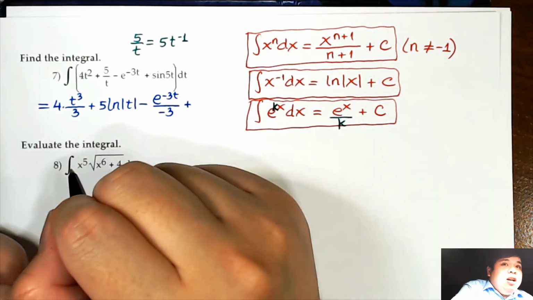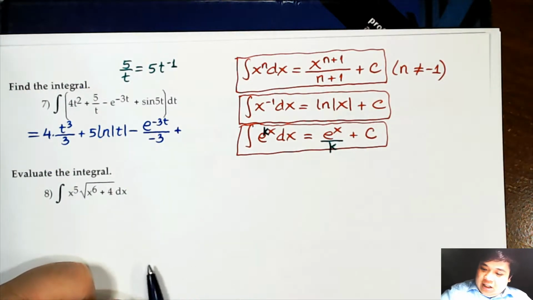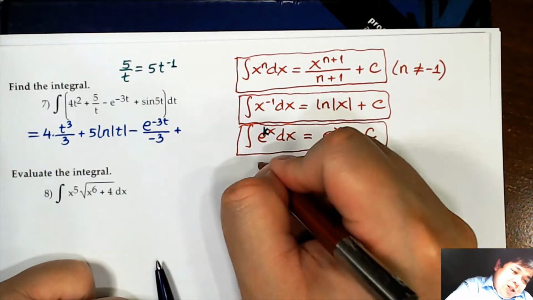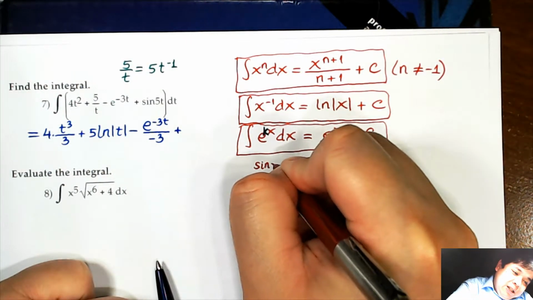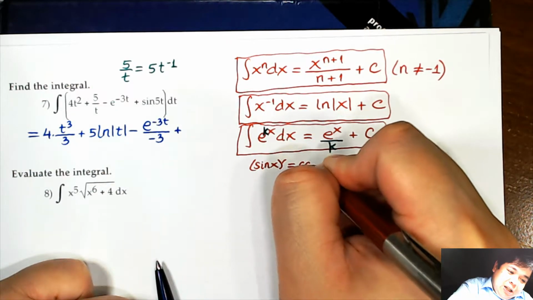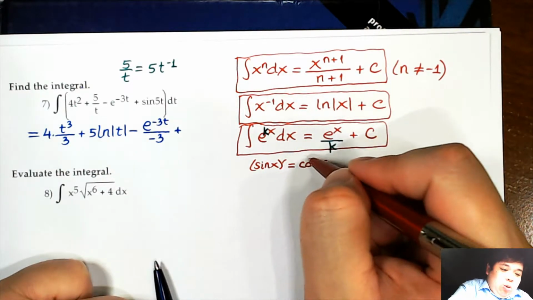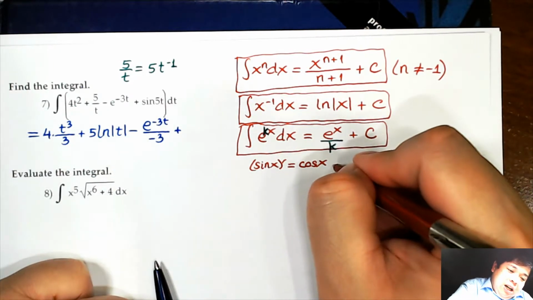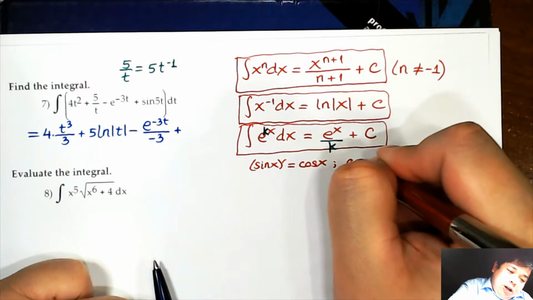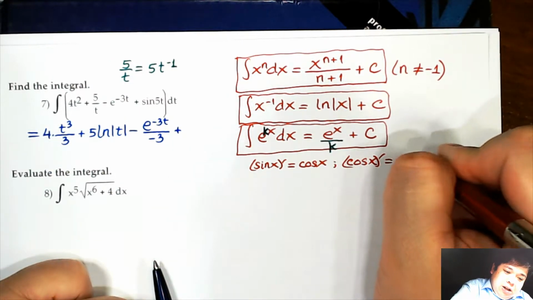Integral of sine. Derivative of sine is cosine. So let's just write. So derivative of sine x is cosine. So integral of cosine will be sine. Derivative of cosine is negative sine.